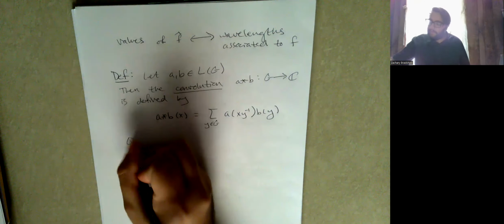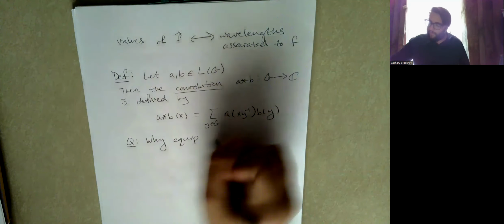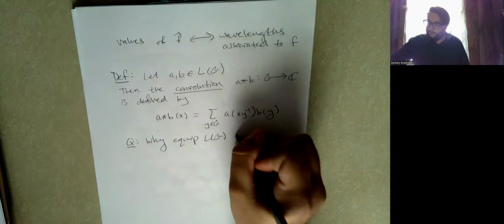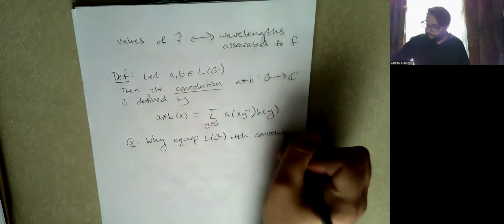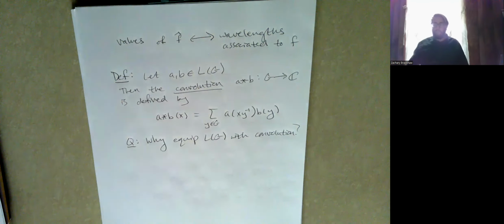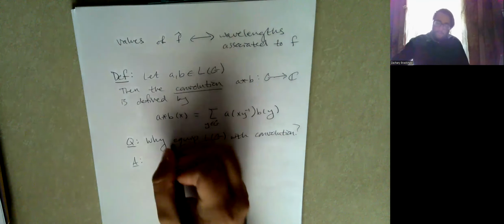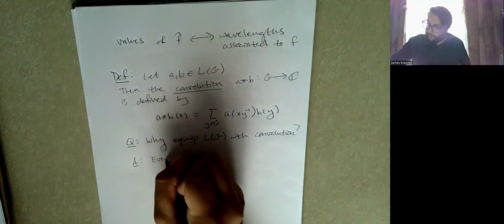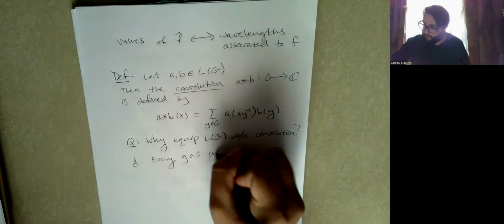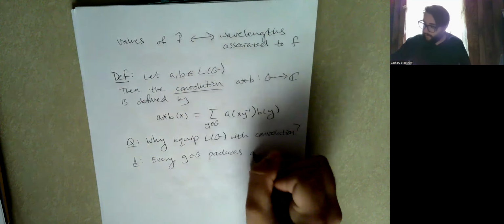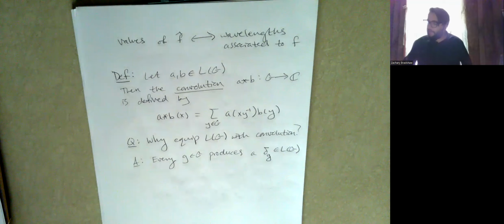But here's a question. Why equip L of G with convolution? What's the motivation? Well, first of all, every g in G produces a corresponding delta g in the group algebra.